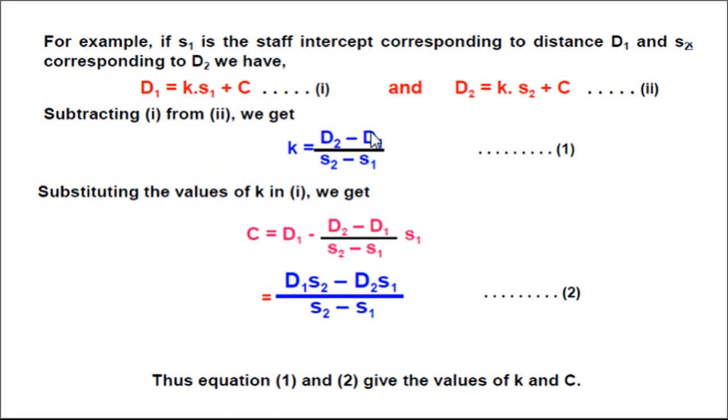These distances are known, also staff intercepts are known, we will get value of K. Similarly, substituting the value of K in equation 1, we will get C is equal to D1 minus ((D2 minus D1) by (S2 minus S1)) into S1. So we will get value of C by this equation.